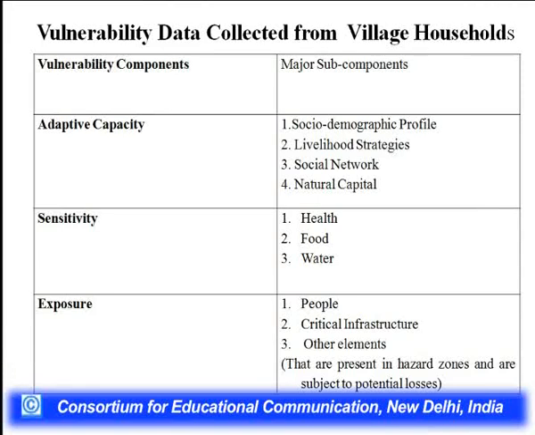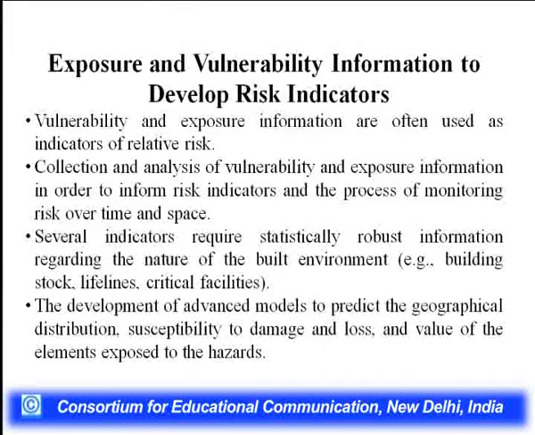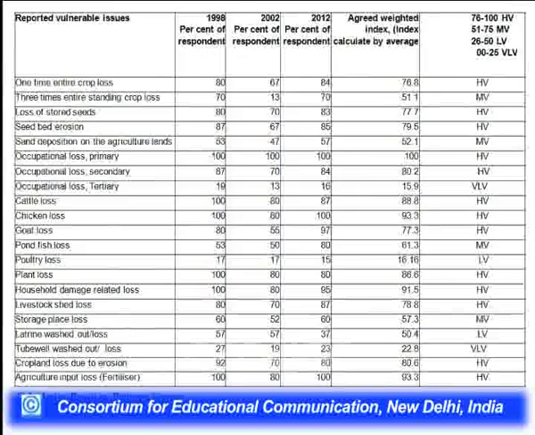Health sensitivity, food sensitivity, water, basic needs of the people. Exposure: people, critical infrastructure, other elements, everything present in the disaster-prone areas. Exposure and vulnerability information is used to develop indicators. We already discussed this, but these can all be used as risk indicators.